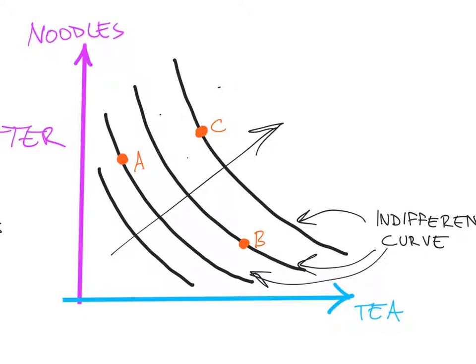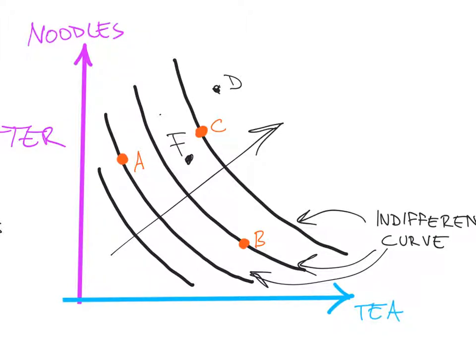The shape of these indifference curves tells you a lot about preferences, and that's why it's very useful. If I draw this, you can tell that C is preferred to B because it's on a higher indifference curve, right? If I were to give you two other points, like these two, this is D and this is F. Which one is preferred? D. And you know that because there is an indifference curve separating them.